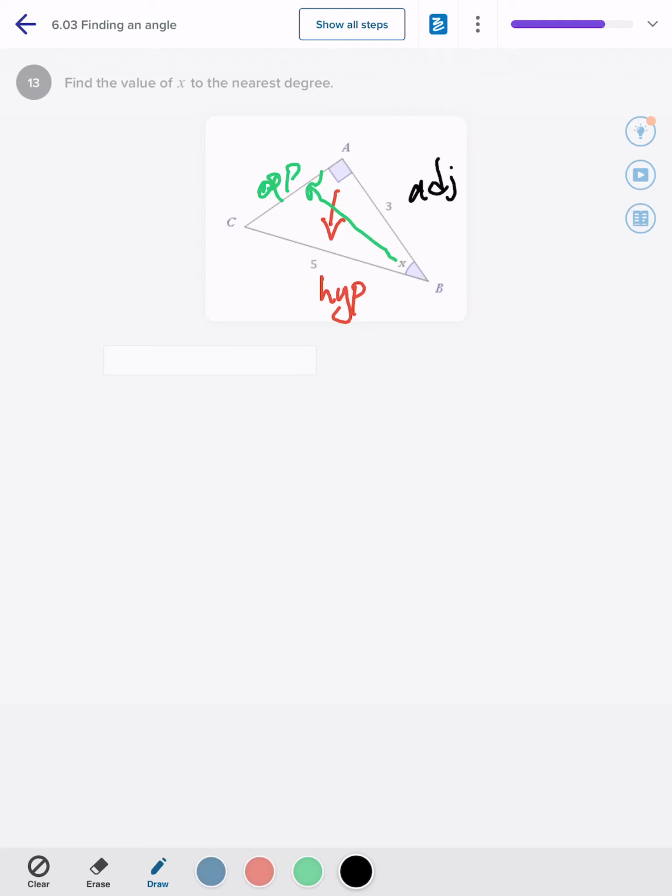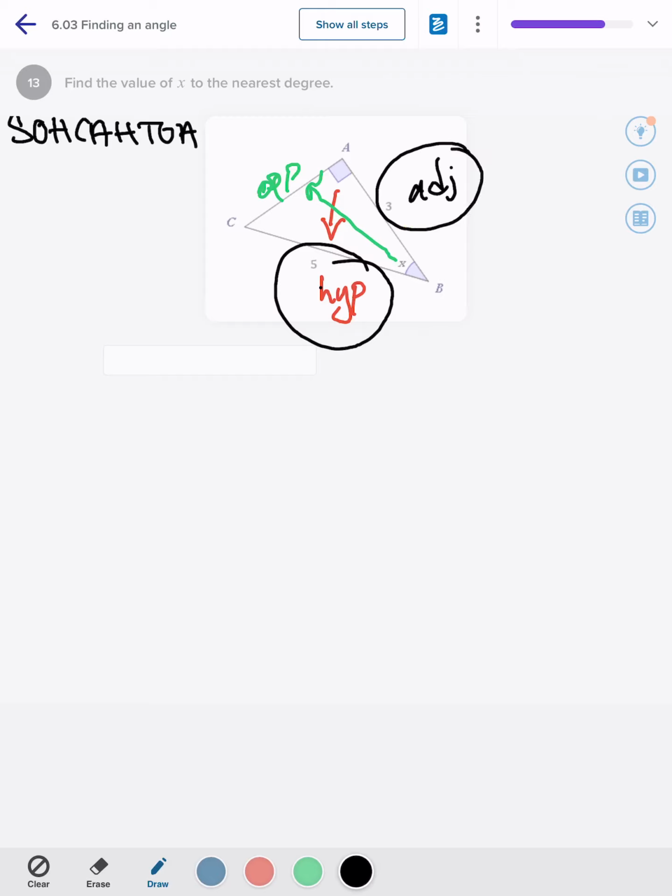Second thing is to use the mnemonic SOHCAHTOA. Which sides apply to one of the trigonometric ratios? We have the hypotenuse, which is given to us as 5, and we have the adjacent, which is also given as 3. So I need to use a ratio that involves the adjacent and the hypotenuse.